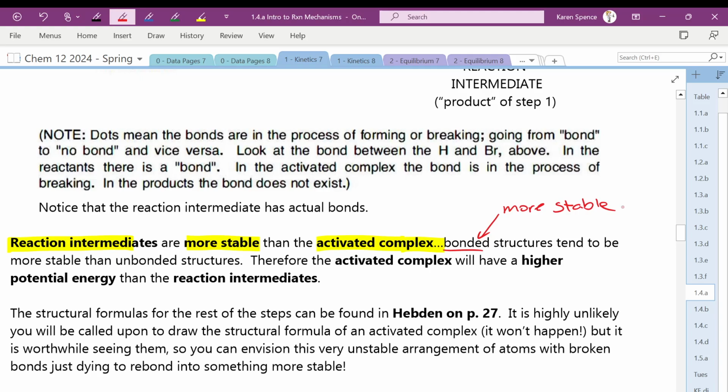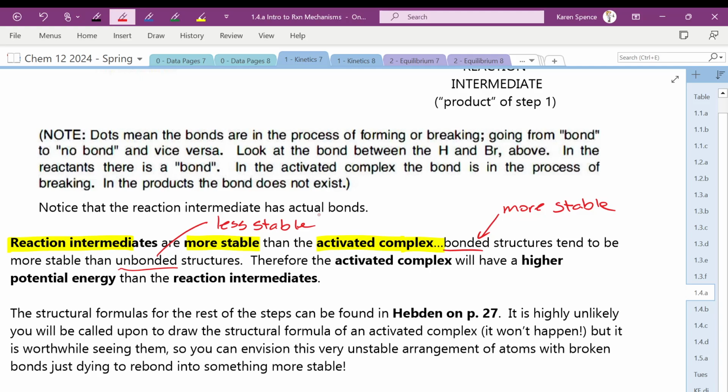Bond formation takes us to a lower potential energy. We release energy. Unbonded are less stable. So our activated complex is less stable. Therefore, the activated complex will have a higher potential energy than the reaction intermediates.